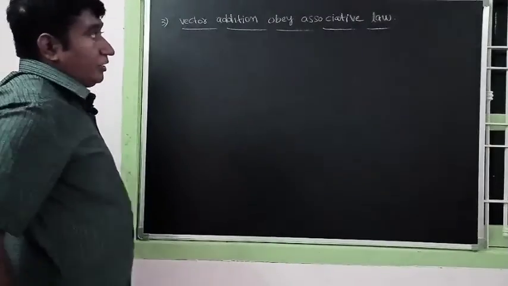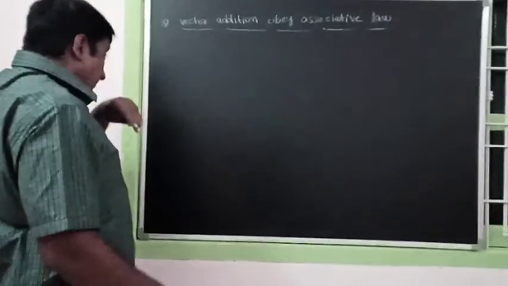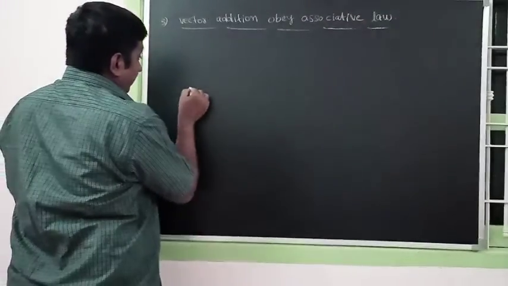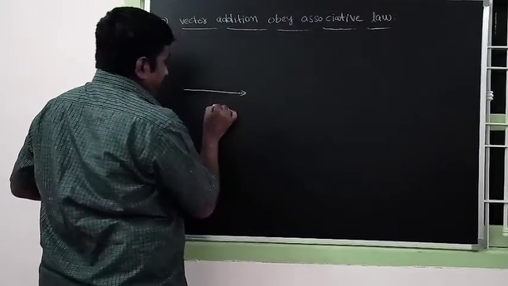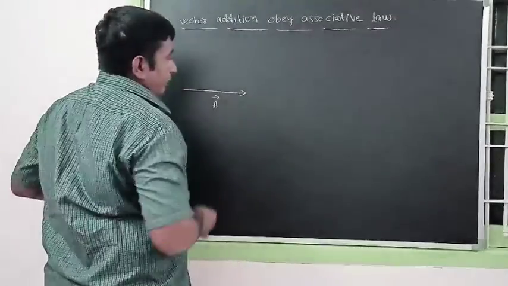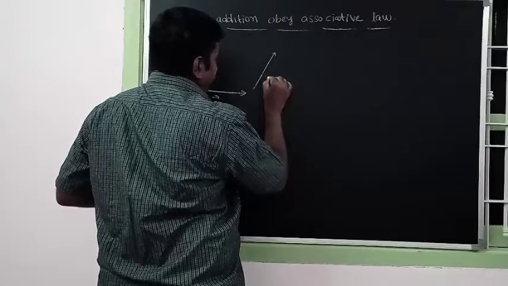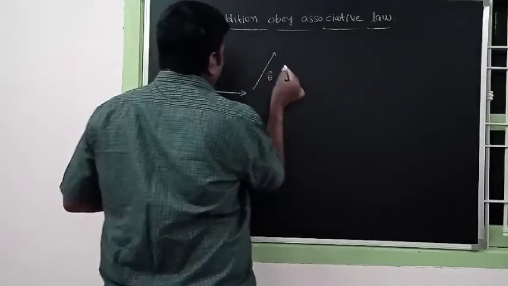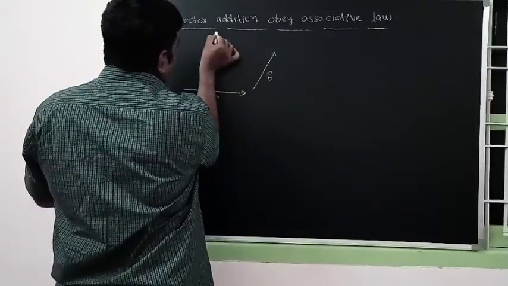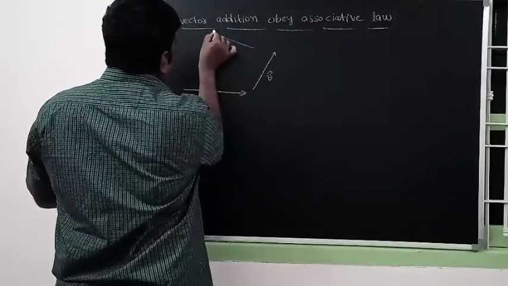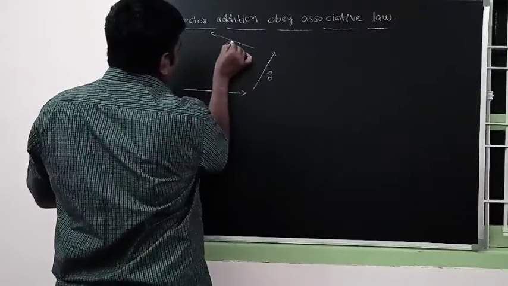Vector addition obeys associative law. Now I am going to take an example like this. If this is the A vector, this is the B vector, then one more I can take here like this. This is the C vector.